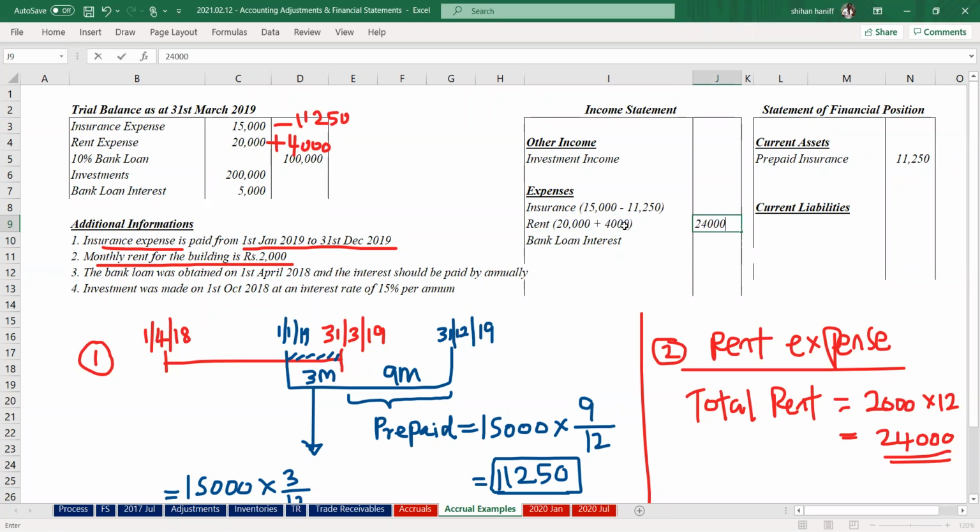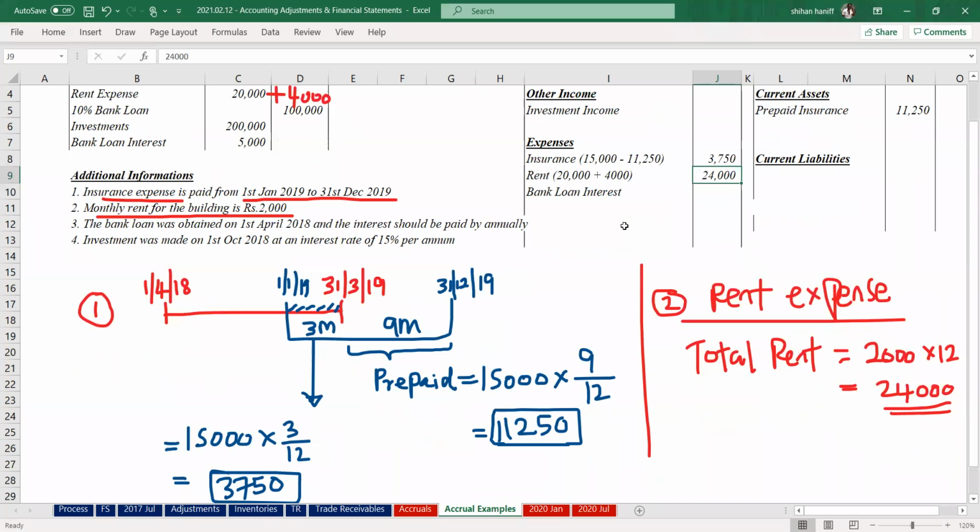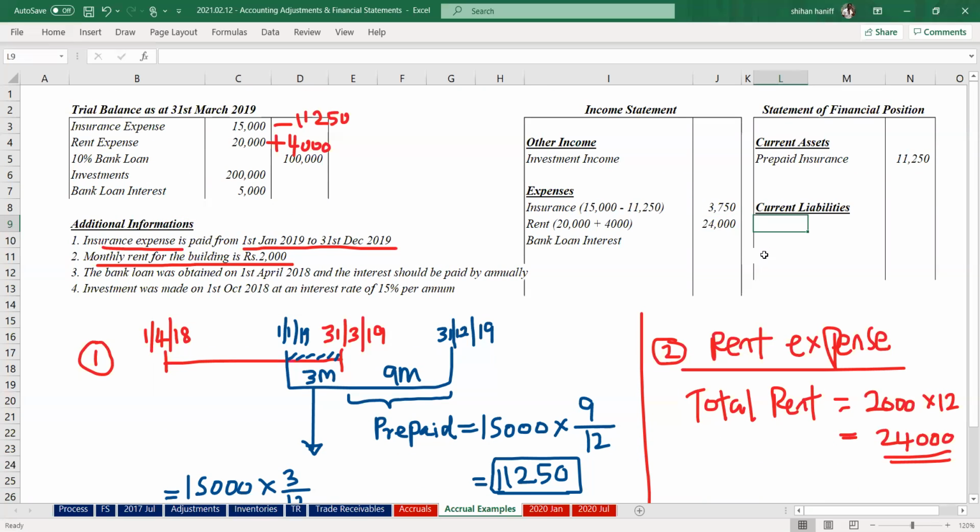So total amount is 24,000. So rent payable is a current liability, 4,000.